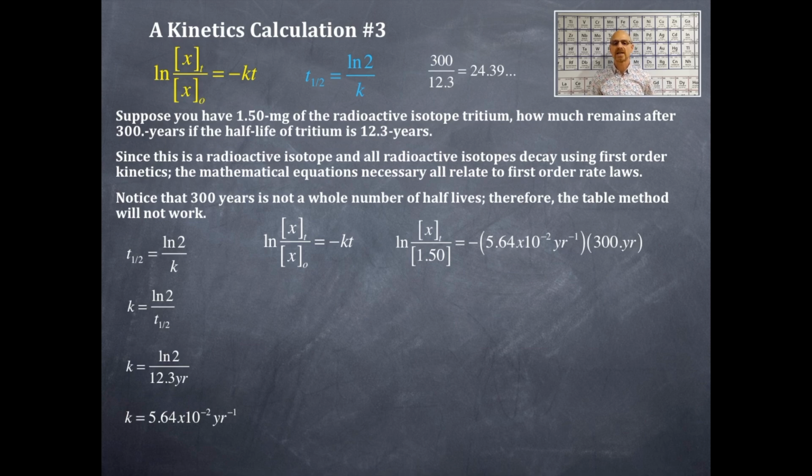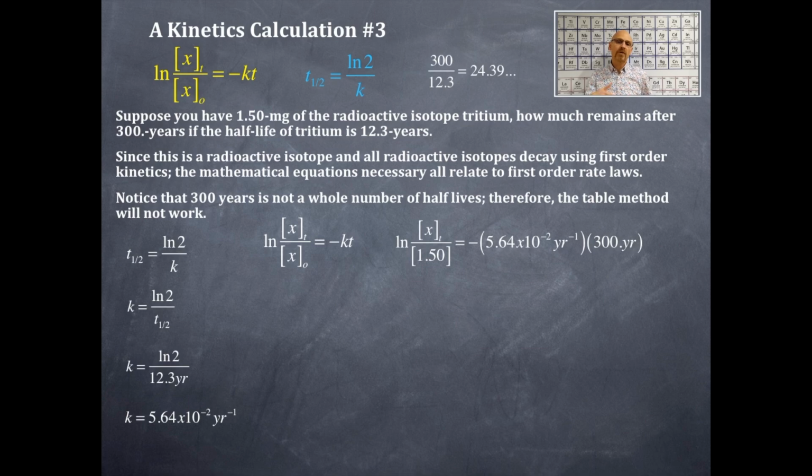So I've got natural log of x of t divided by 1.50, the initial concentration, is equal to 5.64 times 10 to the negative 2 per year, the rate constant, times 300 years. Notice the decimal after the 300. That lets you know there are 3 significant figures and those zeros do count.